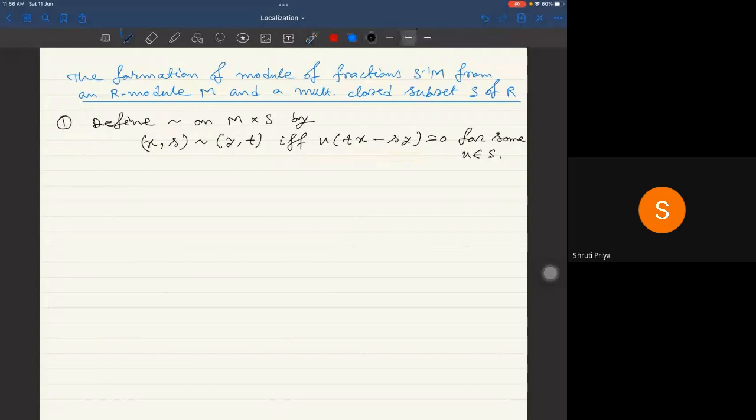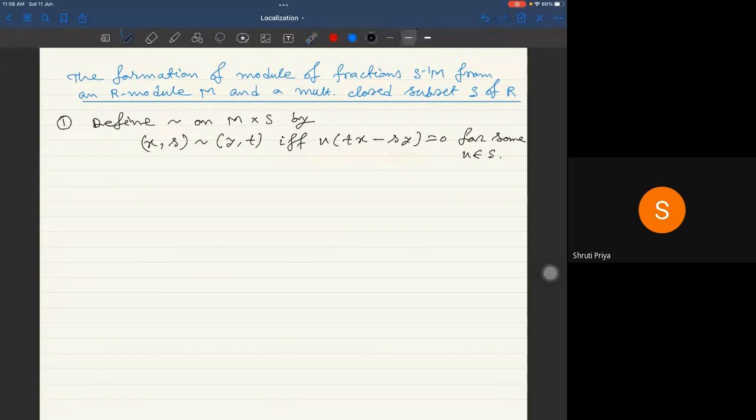Of course, you denote this equivalence class by x by s, and S inverse M is the collection of all these equivalence classes.